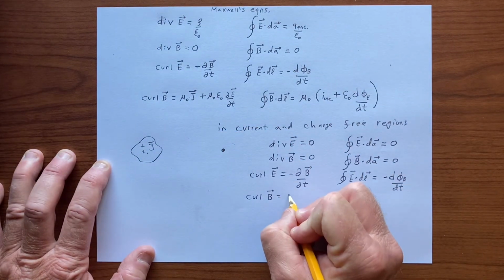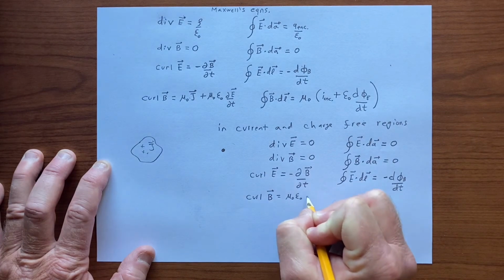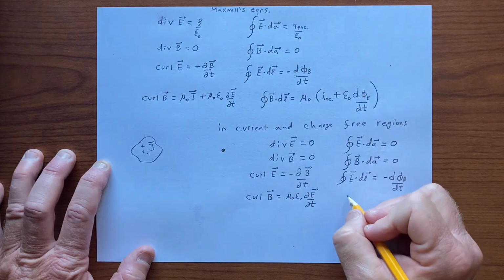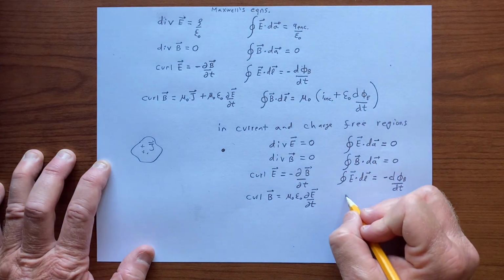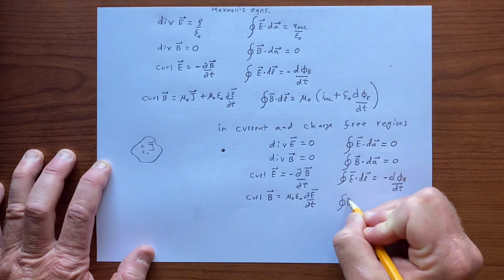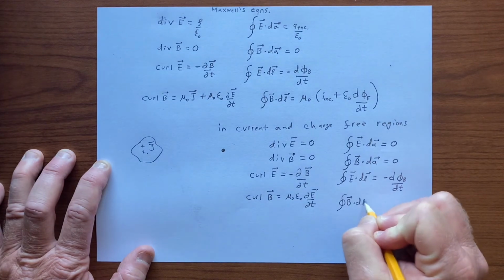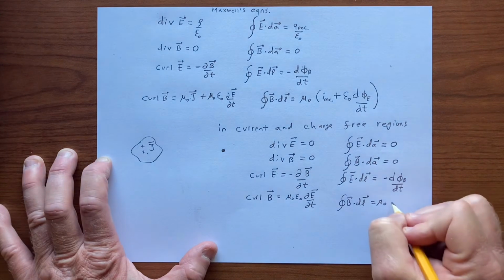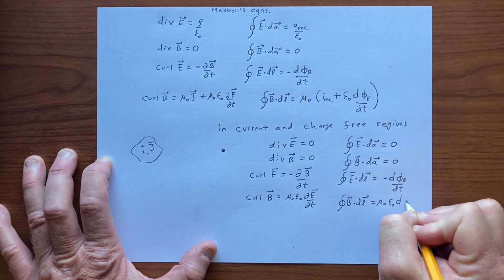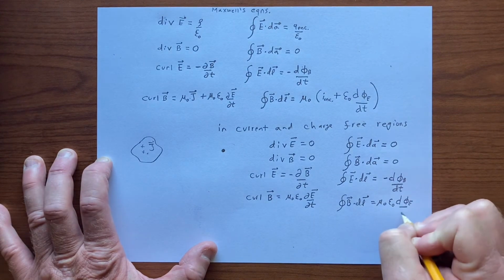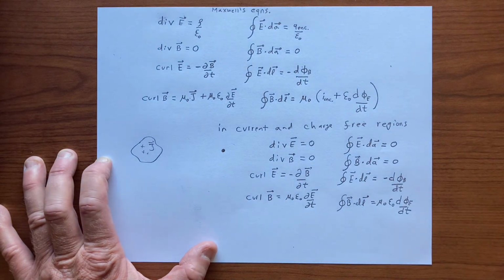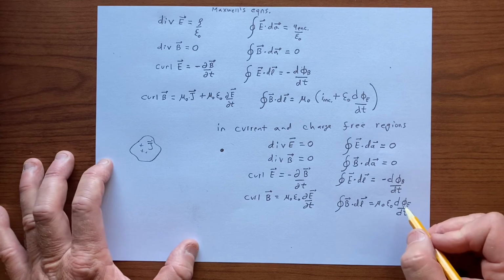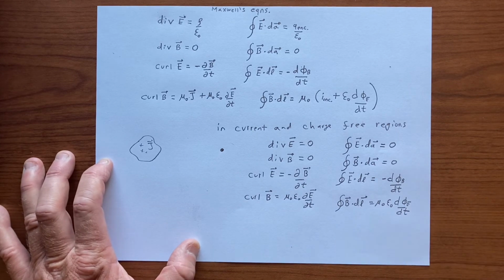So we just have this term, and the integral version of this looks like this, where we only have the time dependent quantity, d phi e dt.